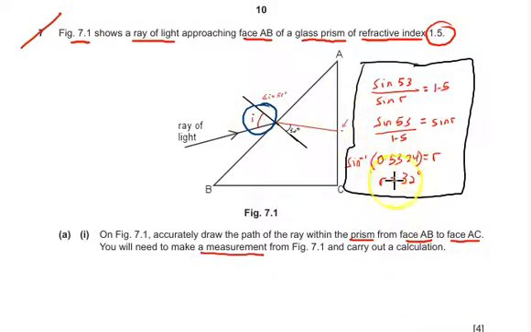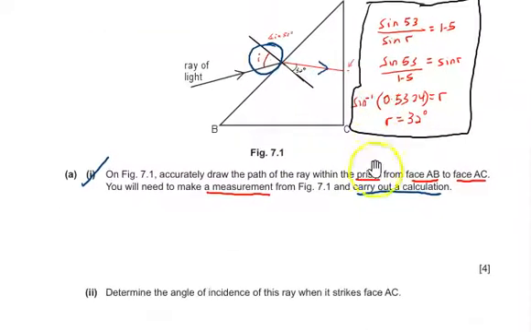So we have done this question. We have done the measurement and carried out the calculation. They're just asking us to accurately draw the path, so just put an arrow over here. Now we move on with the next question.